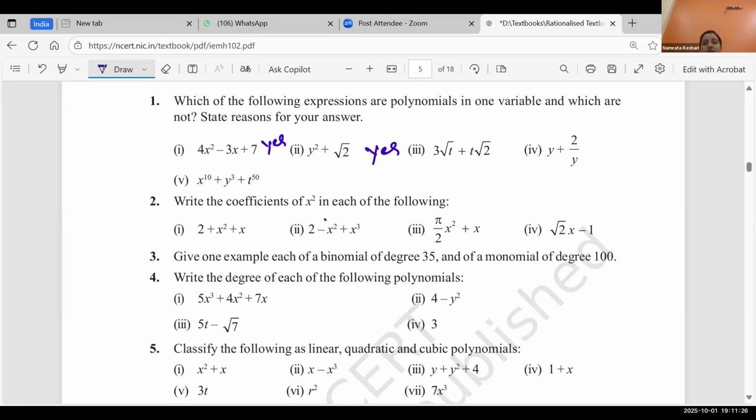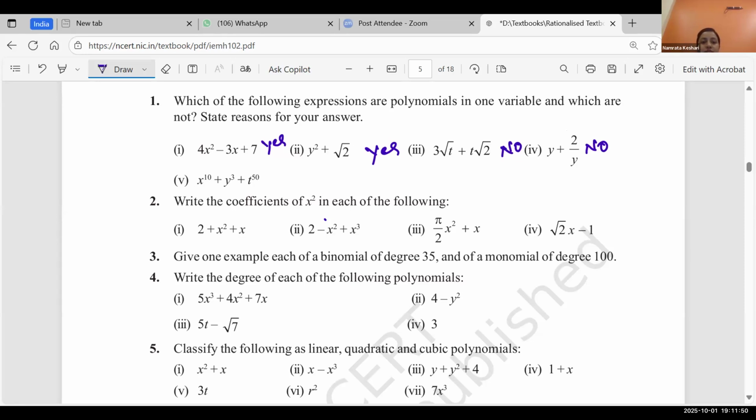No. Next, is that a polynomial? No. Next, is that a polynomial? No. So many alphabets I can see over here. Only one alphabet needs to be there, and in mathematical language we call it one variable.